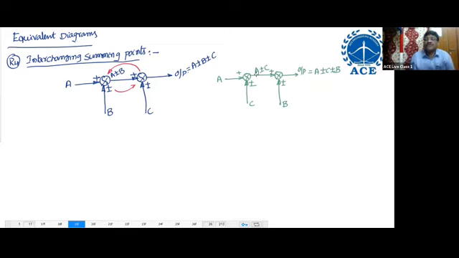Equivalent diagram means the output should not change.